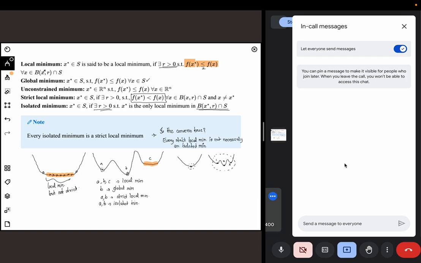You can call them strict local minima because there is no flatness in that. All the neighboring points will have value greater than these particular points. So all of them are strict local minima, both strict local minima as well as local minima. Now, because this is the domain I consider, and there are other local minima in the neighborhood that I have considered, you cannot call any of them an isolated minimum, because there is another local minima in that neighborhood.